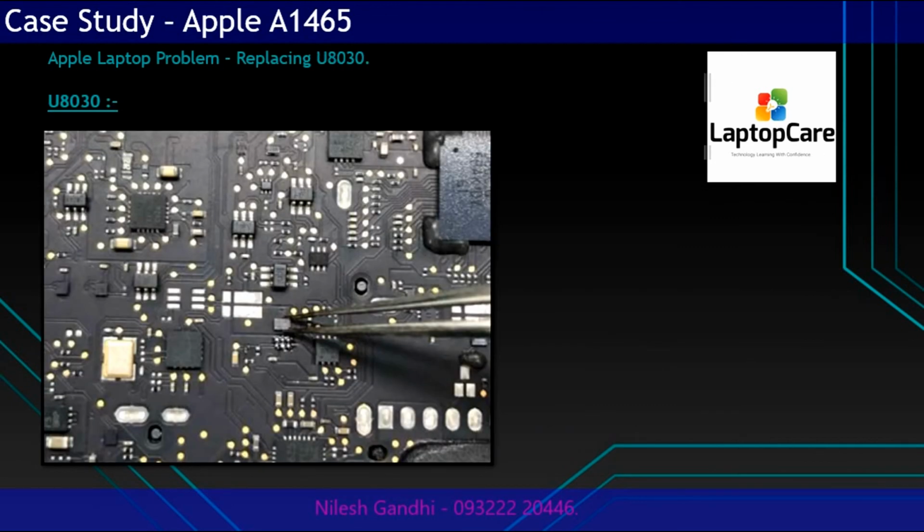Here as shown, we have removed the faulty U8030 IC and we have replaced it with a new one, and bingo, output PP3V3_S0_FET_R becomes 3.3 volt from 0.77 volt, and the board is okay now.